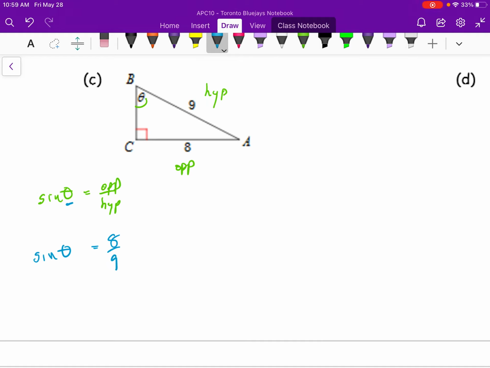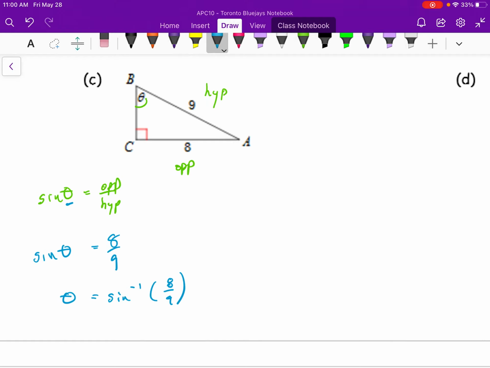I'm going to keep that as a fraction because, believe it or not, I like to do less work with my calculator, more with my pencil and brain. I get it wrong less. And then I'm going to apply the inverse sine to both sides. On the left-hand side, inverse sine undoes sine.